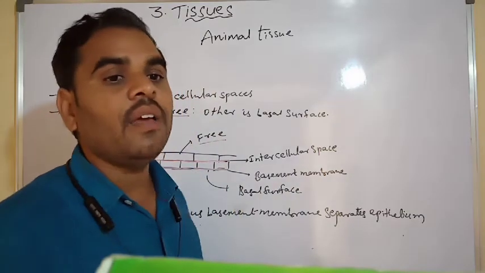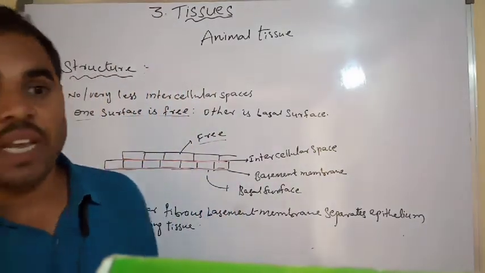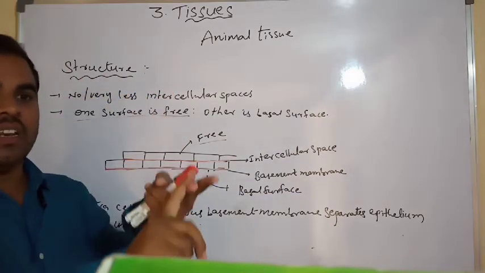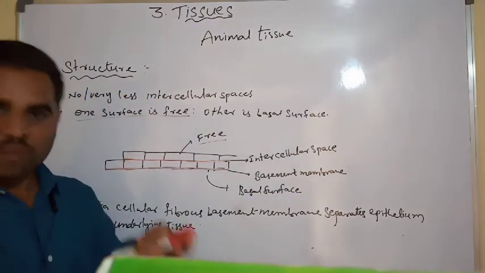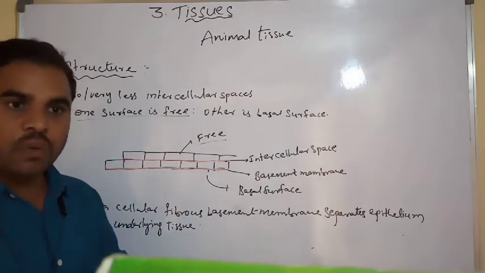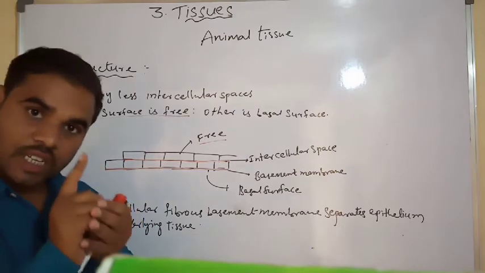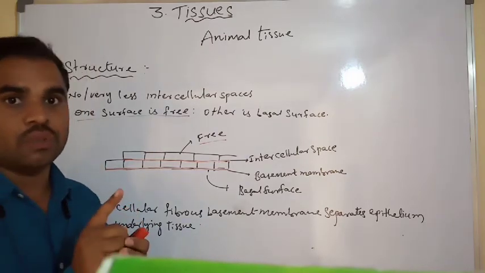These are where we find epithelial cells. Lining of the mouth, skin, alveoli in the lungs, kidney tubules, lining of blood vessels. Epithelial tissue is present there.